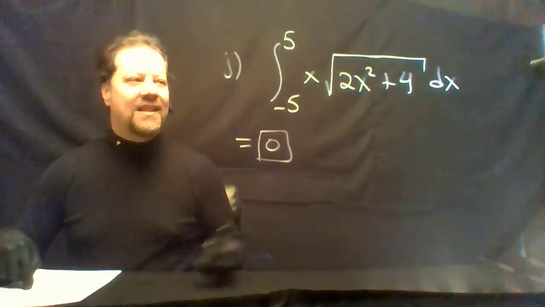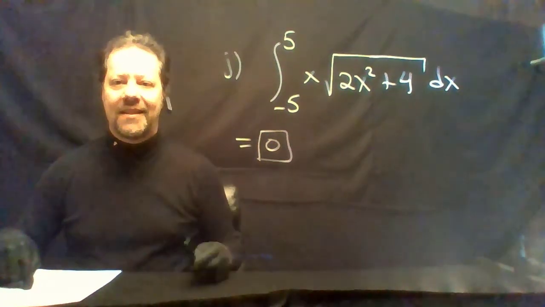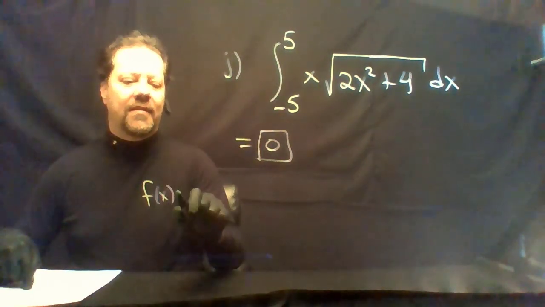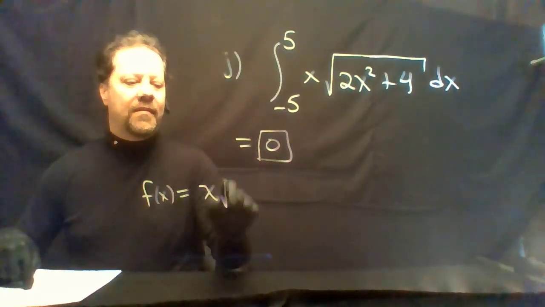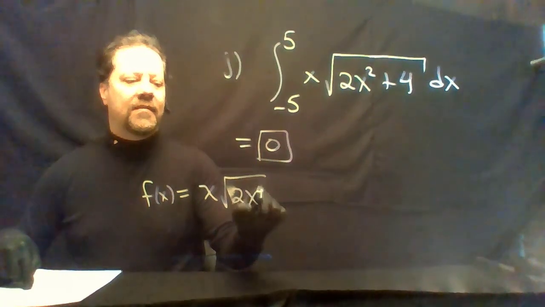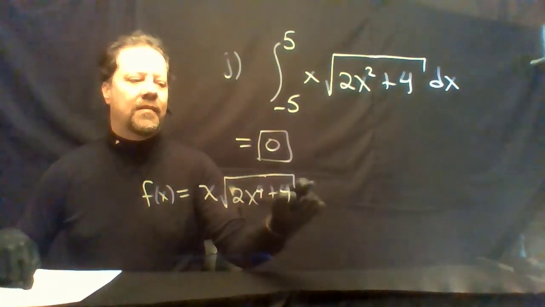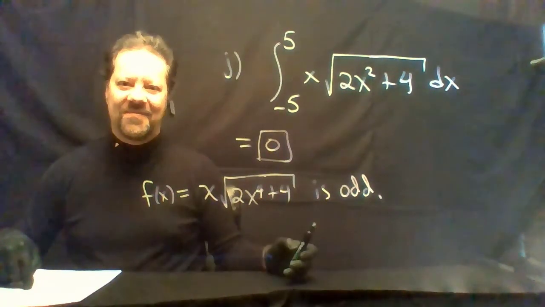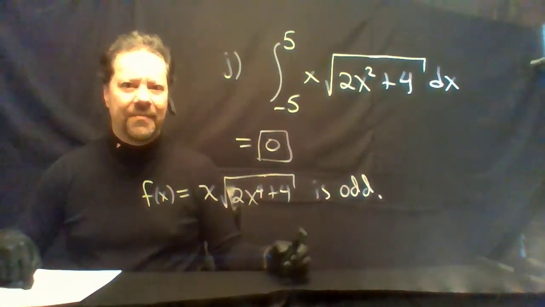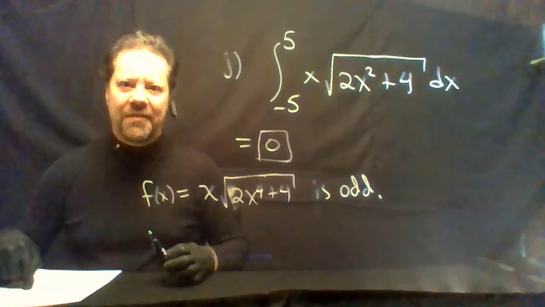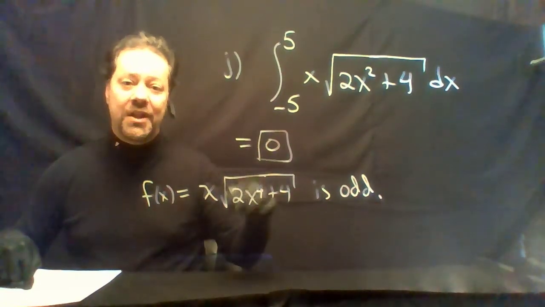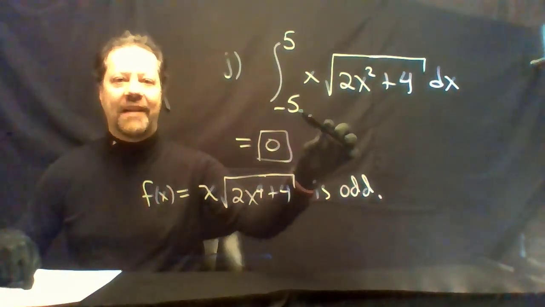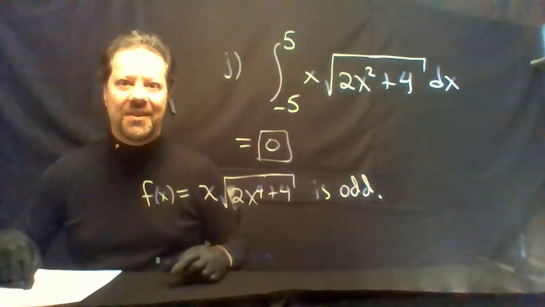And the reason is that the integrand is an odd function. That doesn't mean that it's peculiar. That has a very specific meaning and an important geometric implication, so that whenever you integrate an odd function from negative a to a, you will get 0.